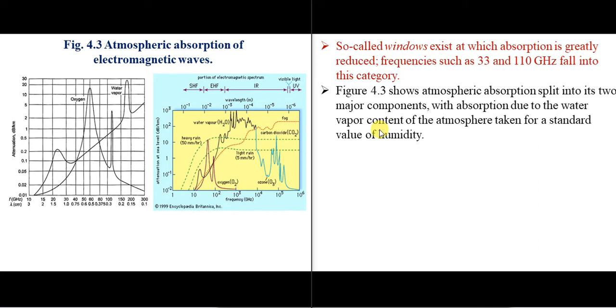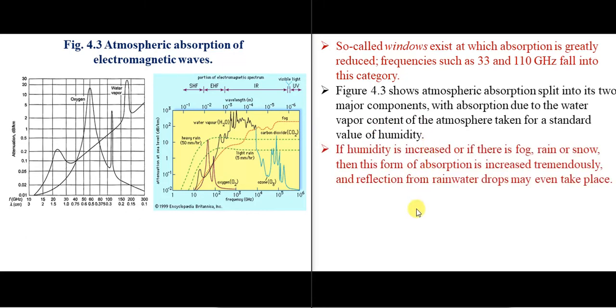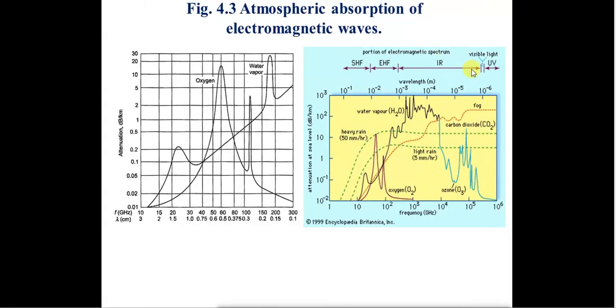Absorption splits into two major components: absorption due to water vapor content of the atmosphere, which takes the standard value of the humidity. If humidity is increased, or if there is fog, rain or snow, then this form of absorption is increased tremendously. In this blue colored figure, you can see that water vapor, fog, and rainfall do have absorption, and they affect it much.